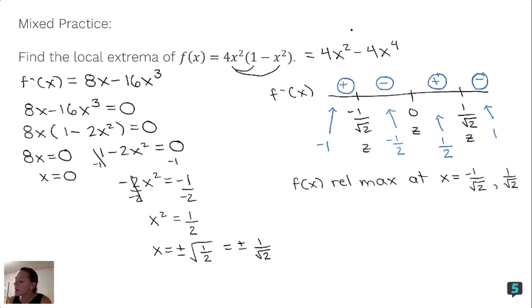What's going to happen when I plug in negative 1 over the square root of 2 into my original function? Because remember, I need to get my y value out. What's going to happen when I plug in 1 over the square root of 2 into my original function? So what would be the y value associated with 1 over the square root of 2 on my original function?